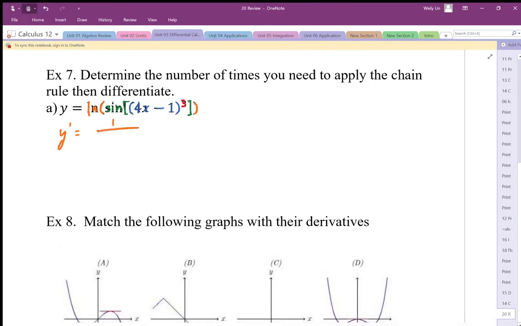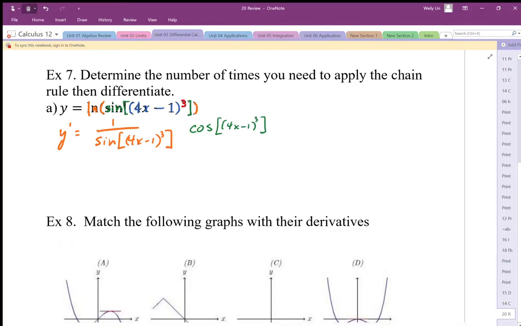So I end up with 1 over sine of 4x minus 1 cubed. Applying the derivative of the sine, we end up with times cosine of 4x minus 1 cubed.